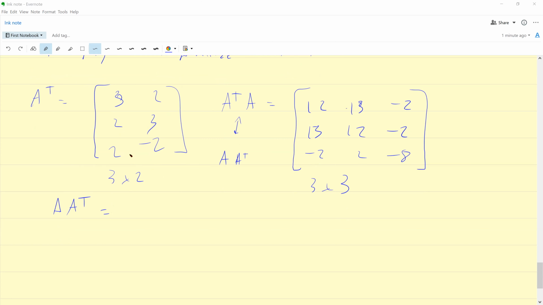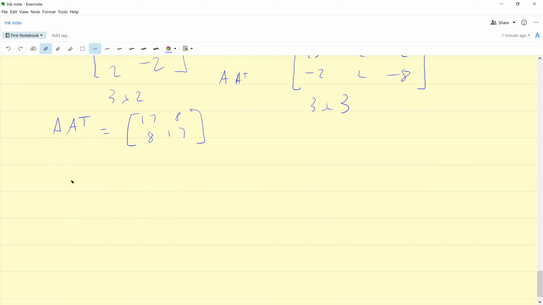So I think this computation is easier, and you get what looks like 17, 17, 8, 8. And the characteristic polynomial, this is much nicer. Or like, it's still not nice, but it works out much more nicely.